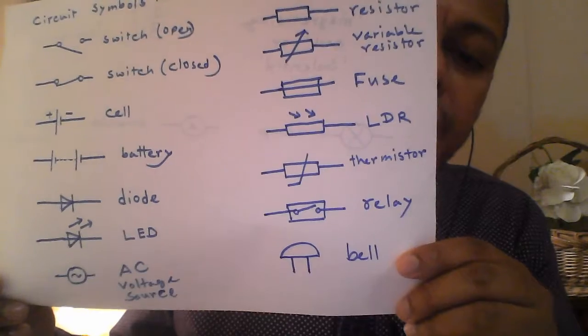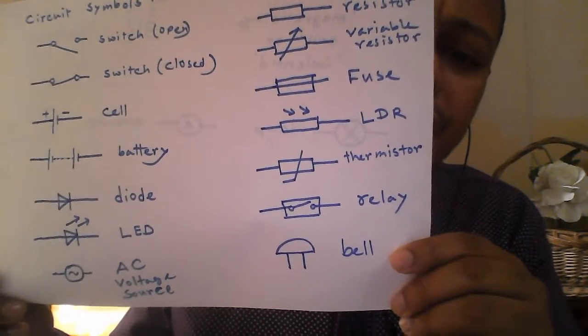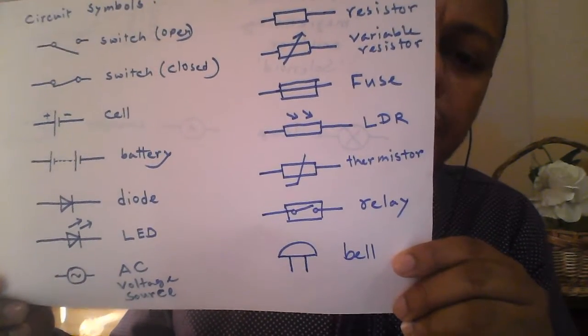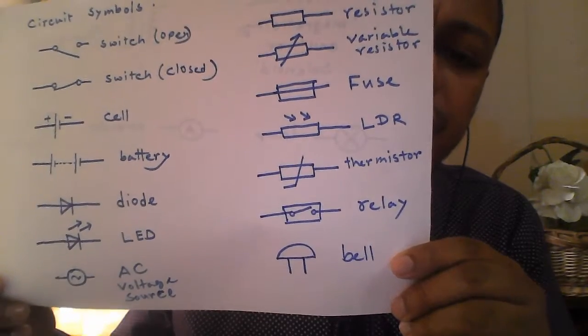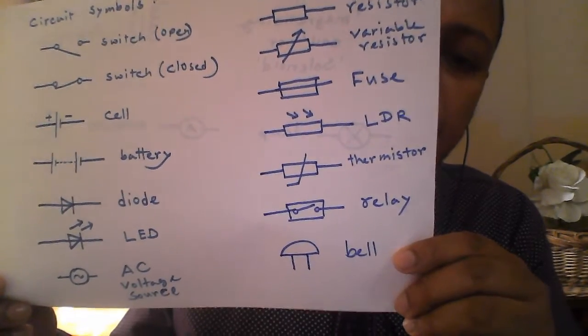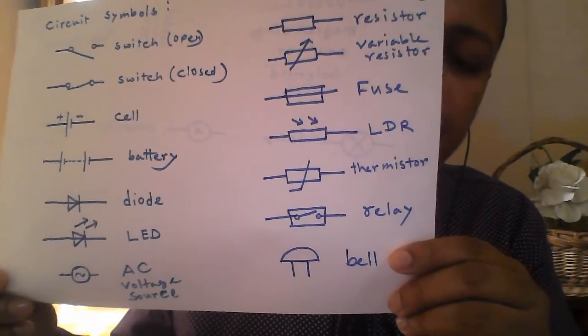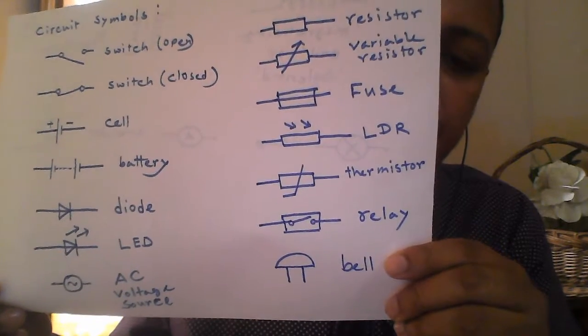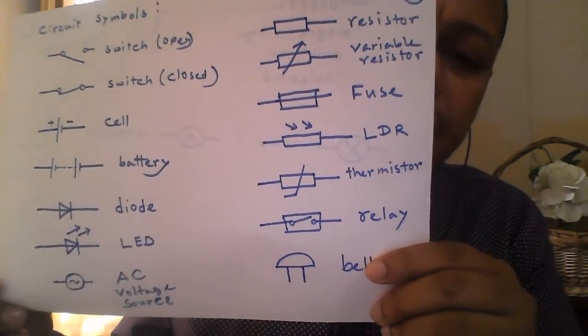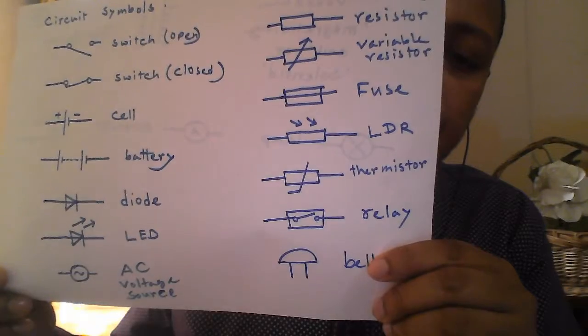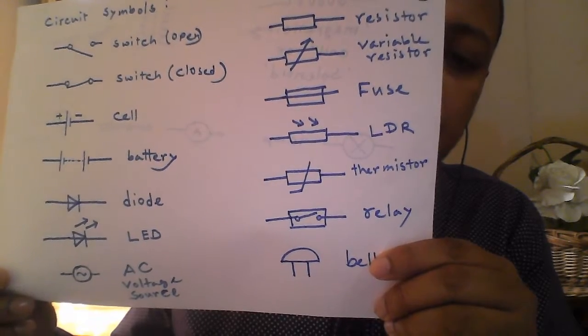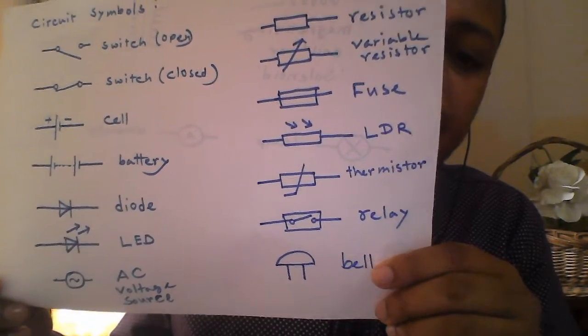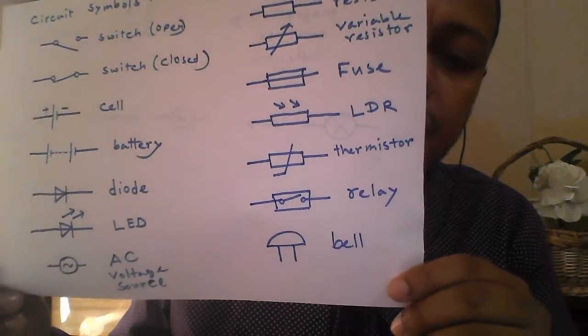Then we have another one, that is thermistor. So this resistor depends on the temperature. If temperature increases, then resistance decreases. This instrument also we will use in introductory electronics. That time we will know more details about it.